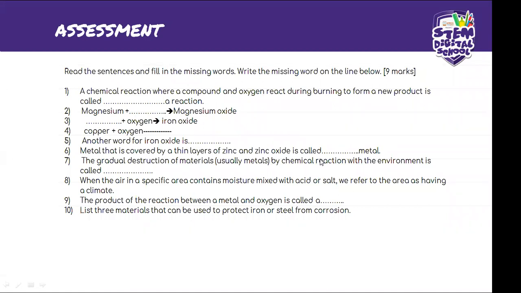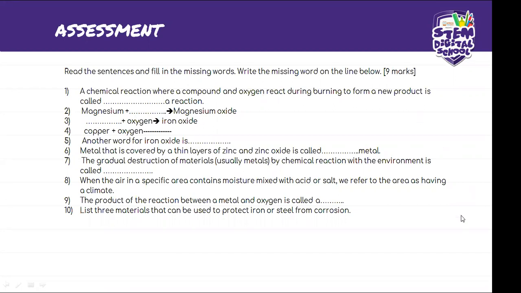It says a chemical reaction where a compound and oxygen react during burning to form a new product is called a what reaction? Number eight needs an answer. Onka, number eight needs an answer. There is something missing there, maybe because I didn't add the dash.